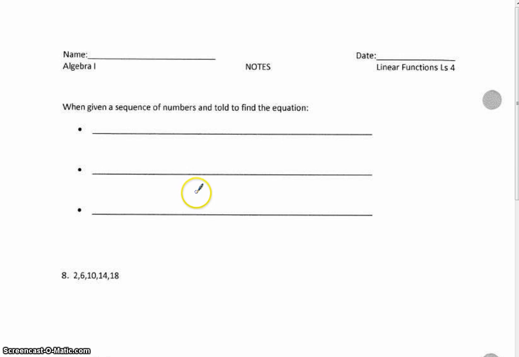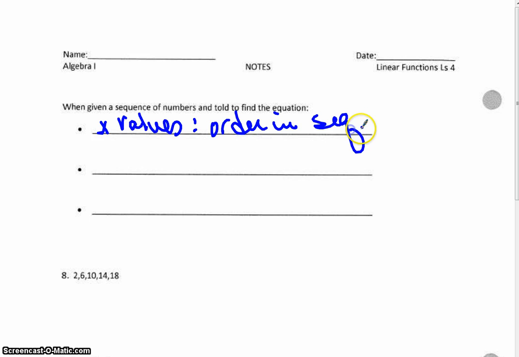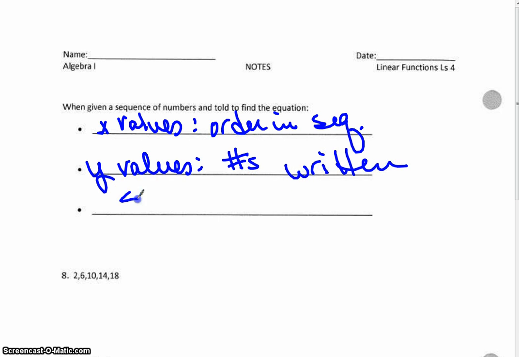It's going into y equal ax plus b, so y is equal to 3x plus 5. If you're given a sequence of numbers and told to find the equation, your X values are the order in the sequence. The Y values are the numbers that are written, and you're going to use stat.